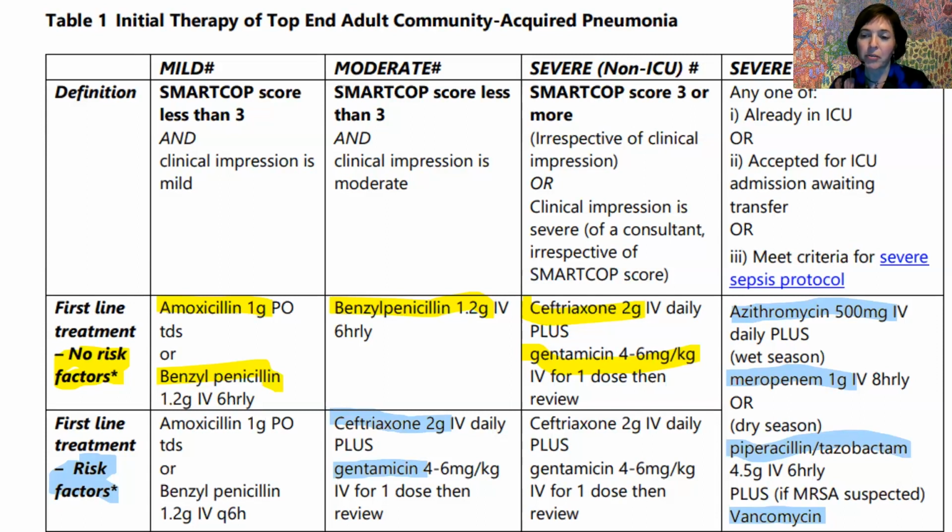So in consultation with infectious diseases, meropenem and/or vancomycin can be used prior to hospital, which is really important given that those presentations to hospital are often so late. What you can see in the severe ICU pneumonias is that the regimen at this time of year is azithromycin and meropenem because we're in the wet season, whereas between about April and October it's pip/taz and azithromycin, plus or minus vanc, depending on whether you're concerned about MRSA being the pathogen.